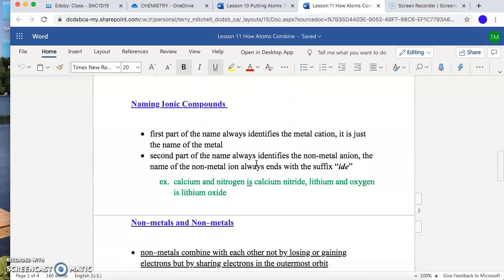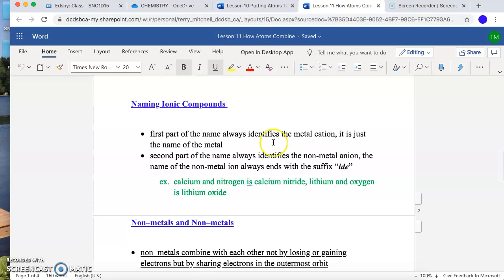So, naming ionic compounds. The first part of the name always identifies the metal cation. A cation is a positive ion, and it's just the name of the metal. The second part of the name always identifies the non-metal anion, and the name of the non-metal ion always ends with the suffix -ide.